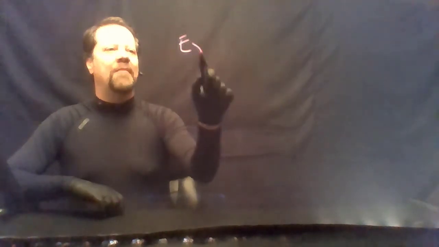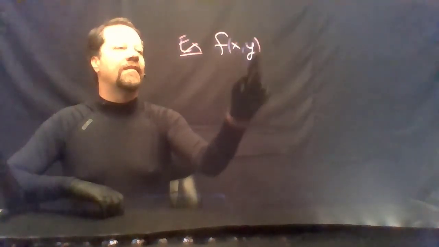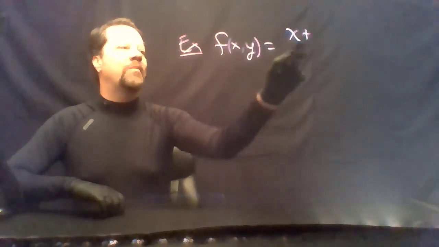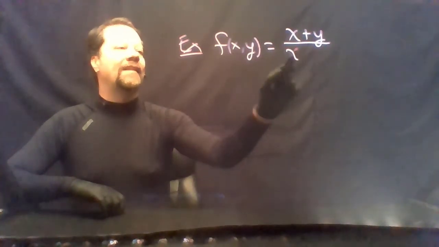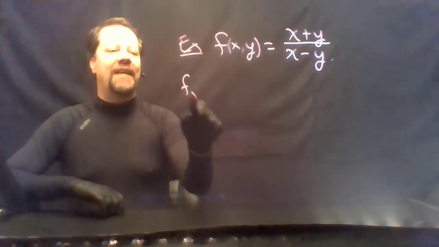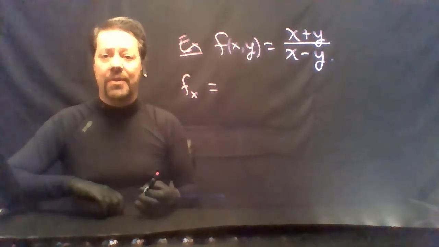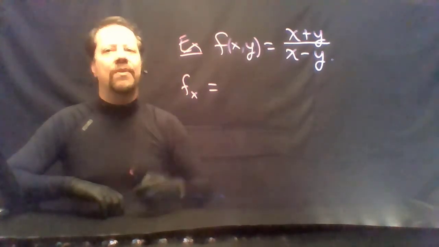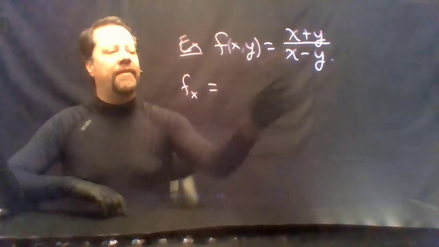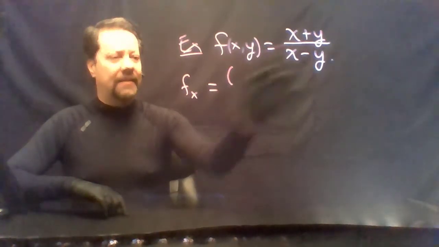In our next example, let's suppose that our function is x plus y over x minus y. To calculate fx, the derivative with respect to x, the partial derivative, we need to use the quotient rule. We do the derivative of the top with respect to x. Y is being held constant.